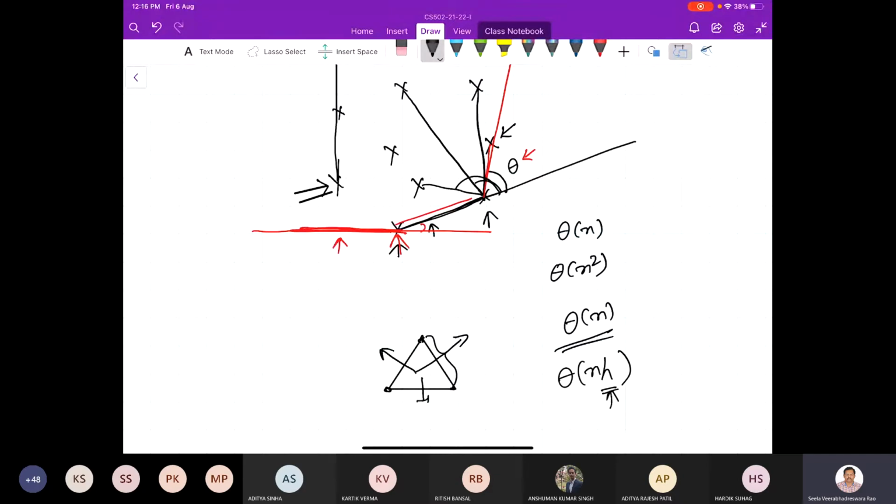If it is order n, the time complexity becomes order n squared. If it is a constant, it becomes linear. So the complexity of this algorithm is expressed in terms of the input size as well as the output size. This is what is called an output sensitive algorithm. The gift wrapping algorithm is an output sensitive algorithm.